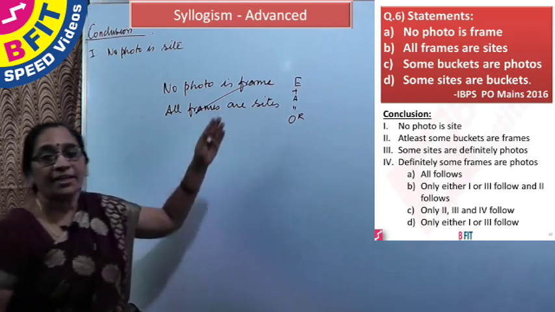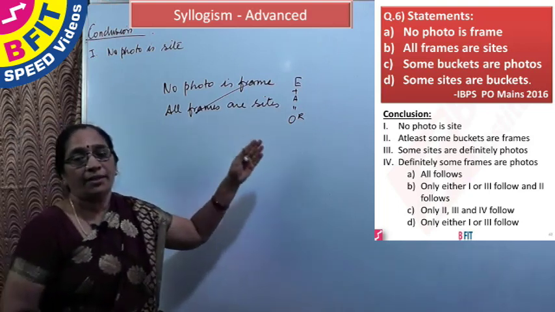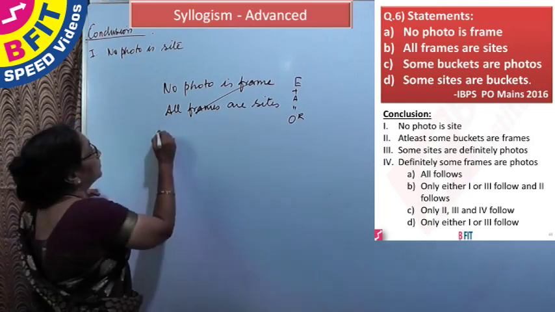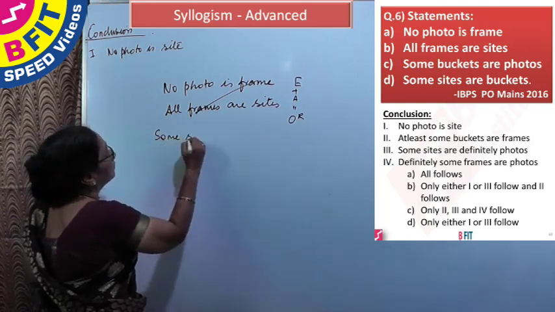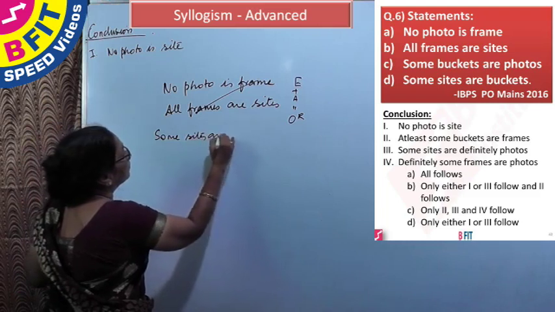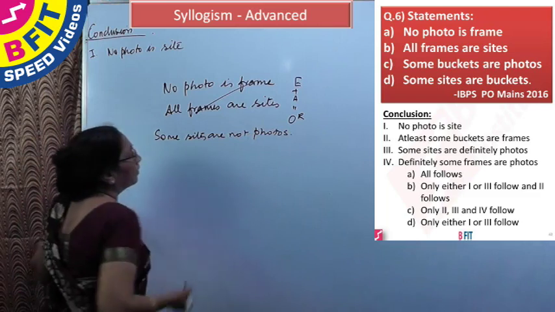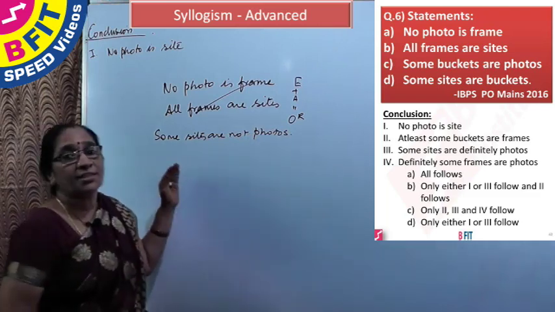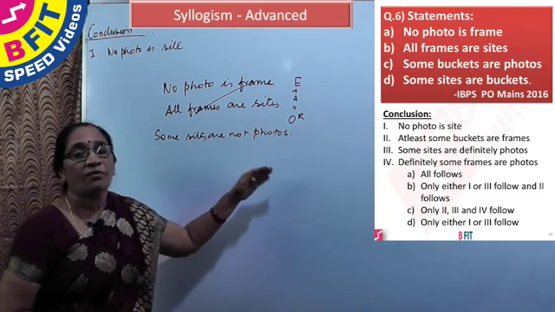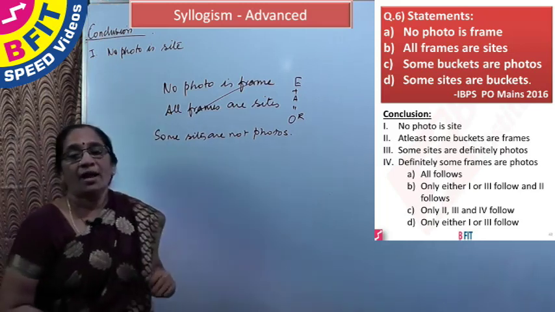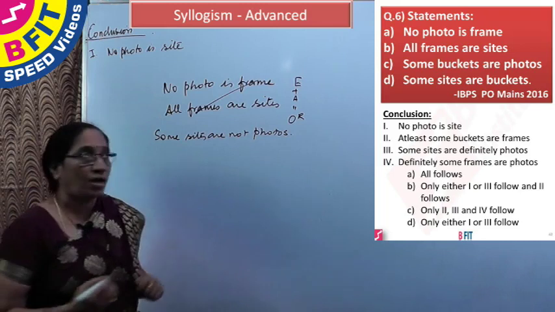When you combine an E statement with an O statement, the answer will be an O reverse statement. From this conclusion, some sides are not photos, we will not be able to arrive at the conclusion, no photo is side, and hence conclusion 1 is false.